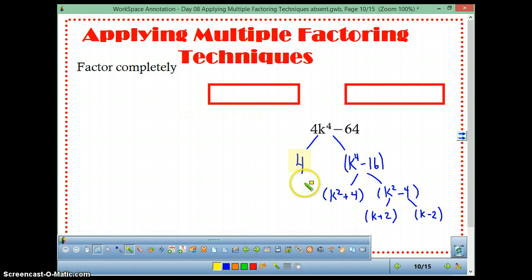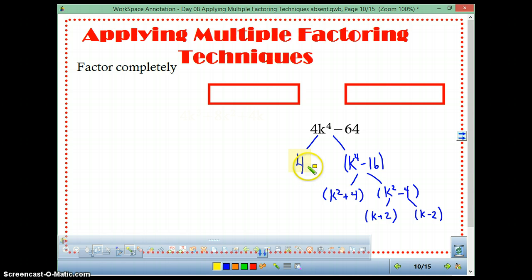This is a prime factor. It can't be split anymore. It could be split into 2 times 2. This was a prime factor. It couldn't be split. This was a prime factor, and this was a prime factor. Okay? That's how factoring works.